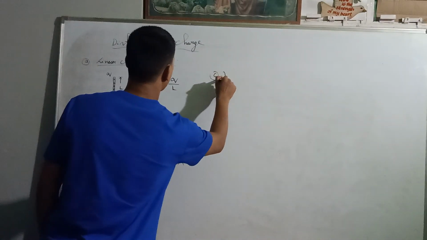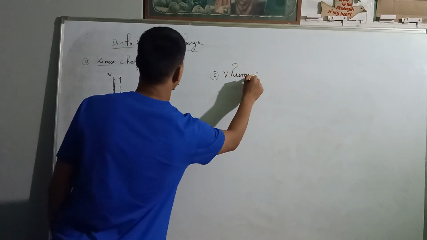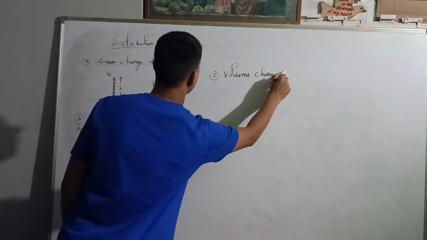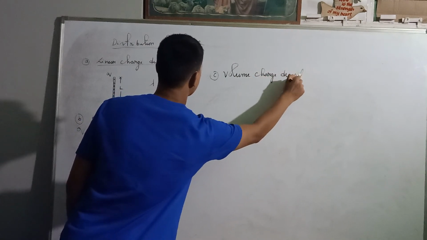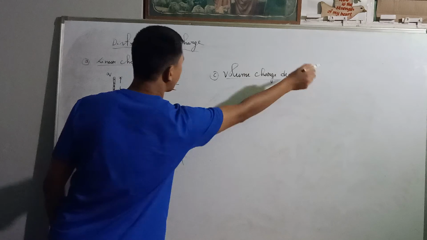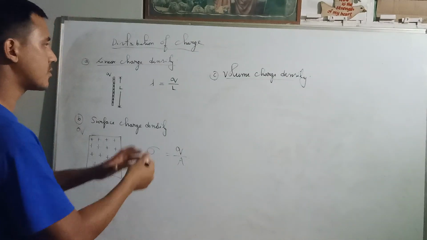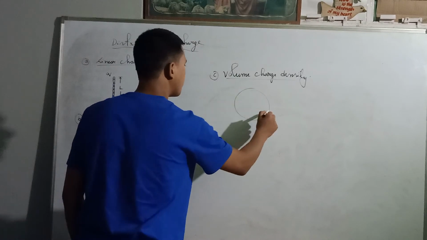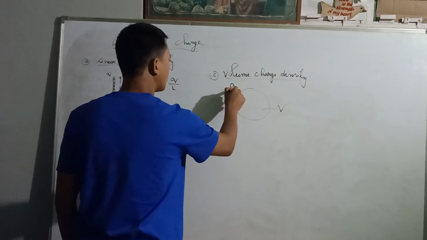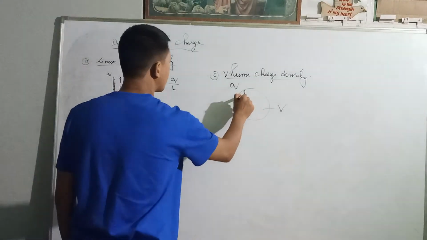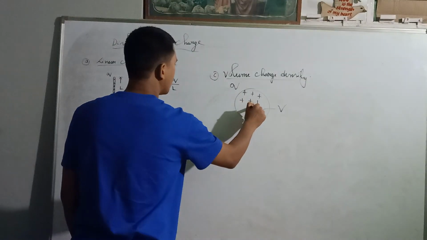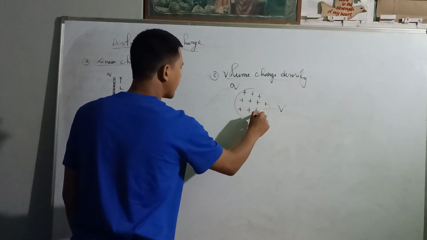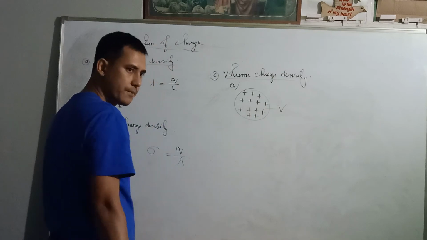And when we are considering volume charge density. If your charged body is three-dimensional, consider a sphere having volume V and total charge Q, then this charge Q will be uniformly distributed over the entire volume of this sphere.